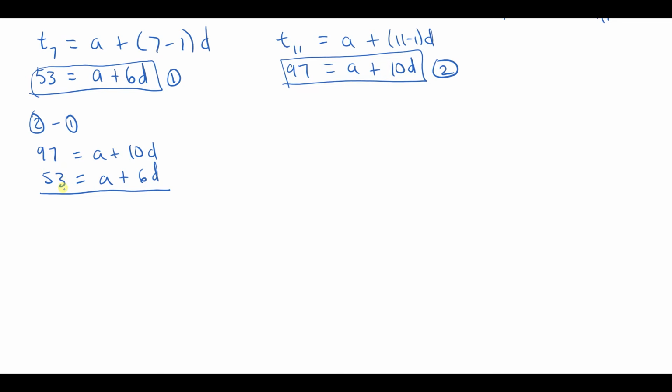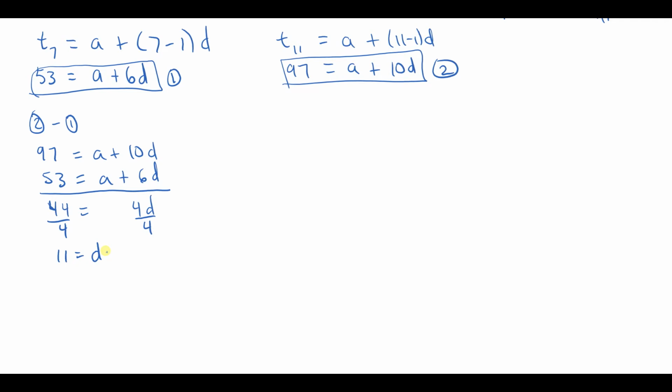So 97 minus 53, 7 minus 3 is 4, 9 minus 5 is 4, so we have 44. A minus a is 0a, that's nice. I just won't write it. And 10 minus 6 is 4d. Oh good, we have multiples of 4 on either side. I'm going to divide both sides by 4, and that isolates d. So now I know d.